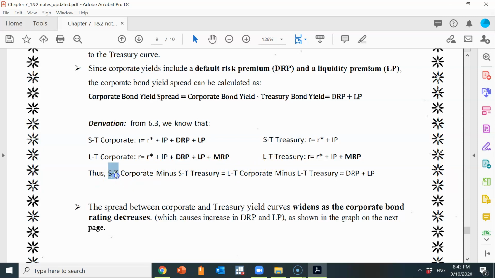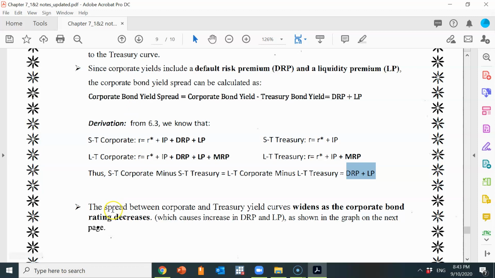So short-term corporate minus short-term treasury equals long-term corporate minus long-term treasury. So we only have DRP and LP as the difference between corporate and treasury bonds, and we call it the corporate bond yield spread.